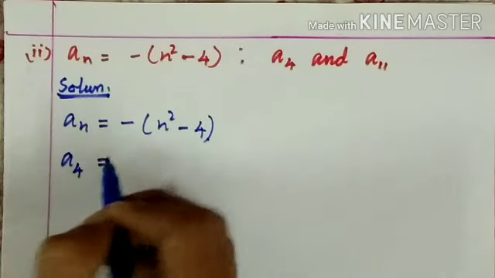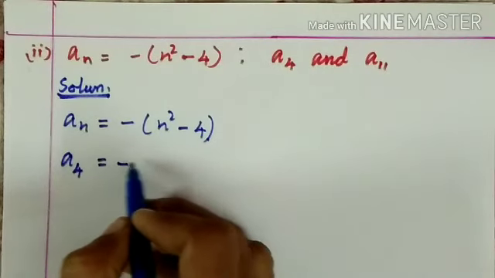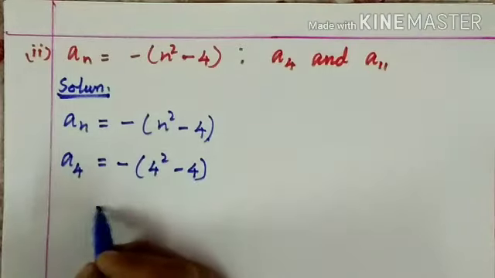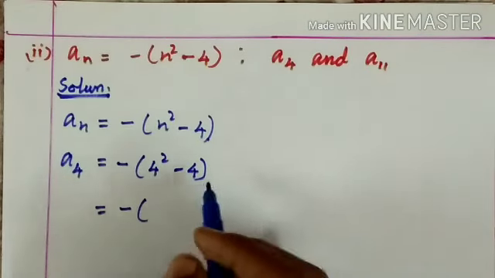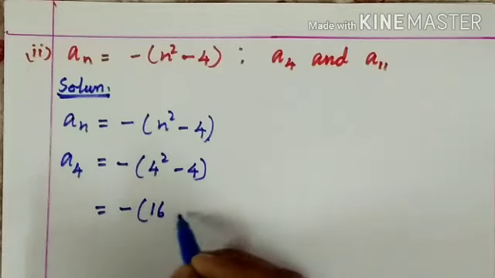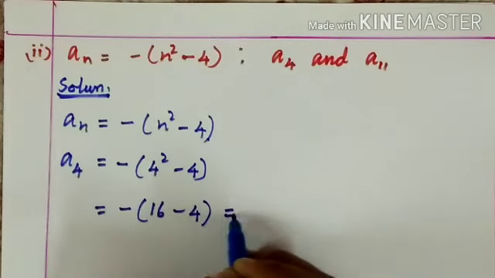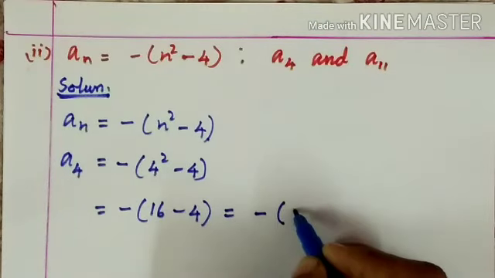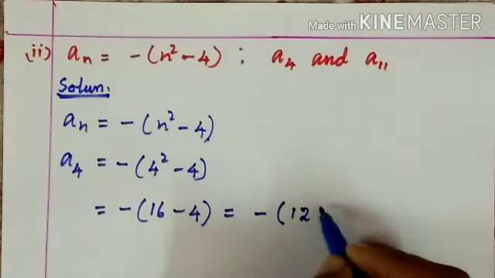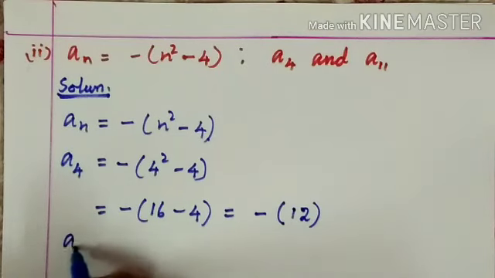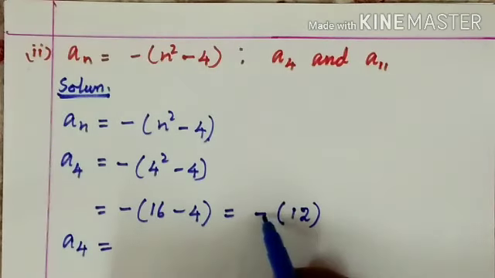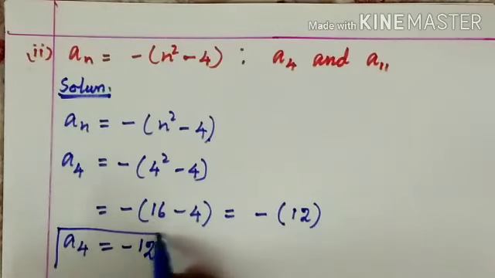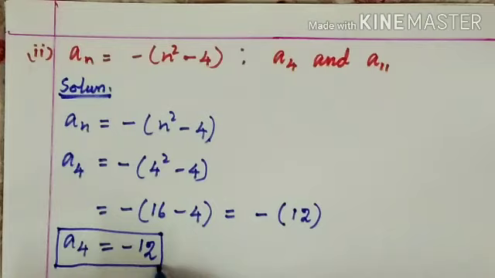For n you put 4, that is minus of 4 squared minus 4, which is equal to minus of 16 minus 4, we have 12. Therefore, the value of A4 is equal to minus into plus, minus 12. The value of A4 is minus 12.